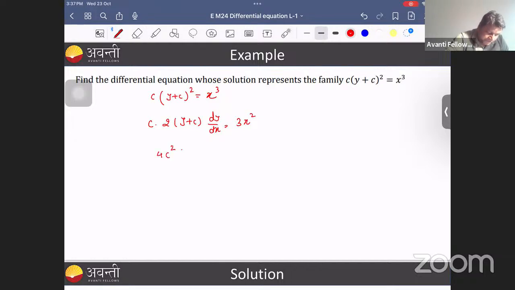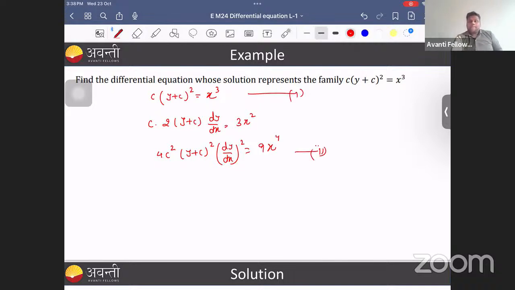So it is 4c square into (y plus c) whole square into (dy by dx) whole square is 3 3 is 9x to the power 4. Got it? Now, if I divide this equation 1 and this equation 2, I'm going to get the value of c.